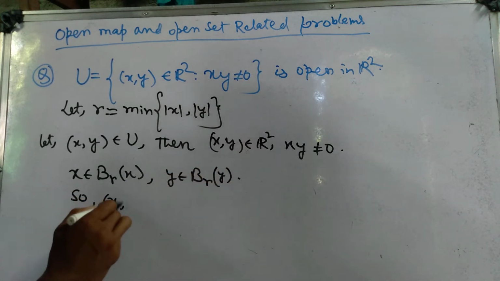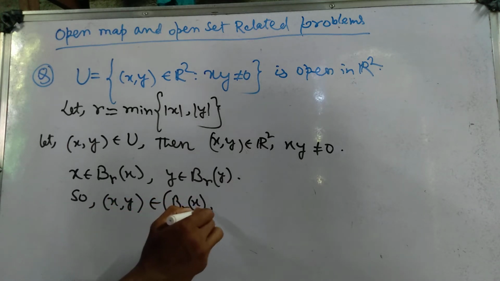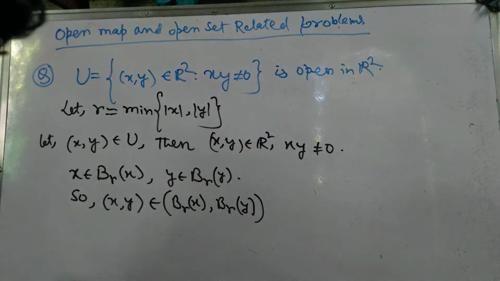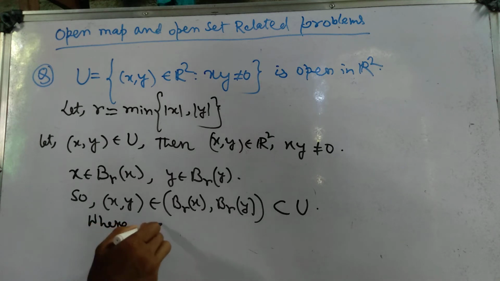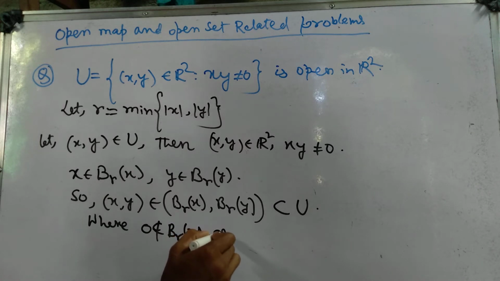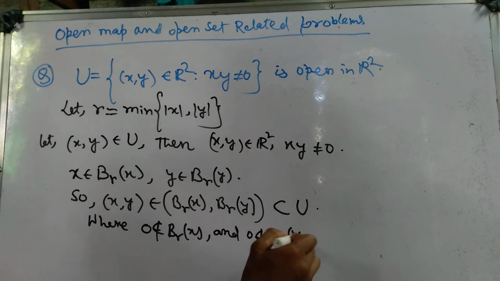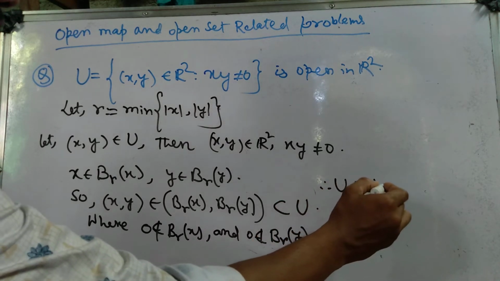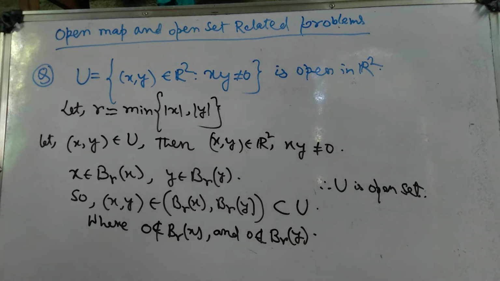So (x,y) belongs to V_r(x) times V_r(y), which is a subset of U, because xy is not 0, that means mod x and mod y are not 0, and V_r(x) and V_r(y) do not contain 0. Then U is an open set in R square.